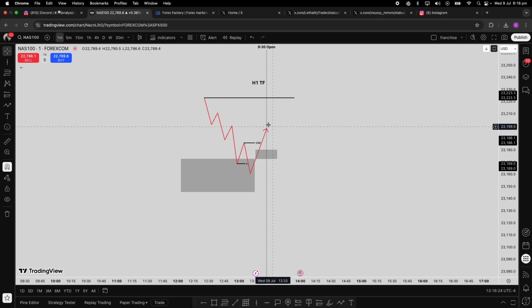No. For price to long this higher time frame buy model, price needs to come into this gap. So the bias going into 9:30 would be shorts into the gap, ERL to IRL. But on a high time frame, this is IRL to ERL.